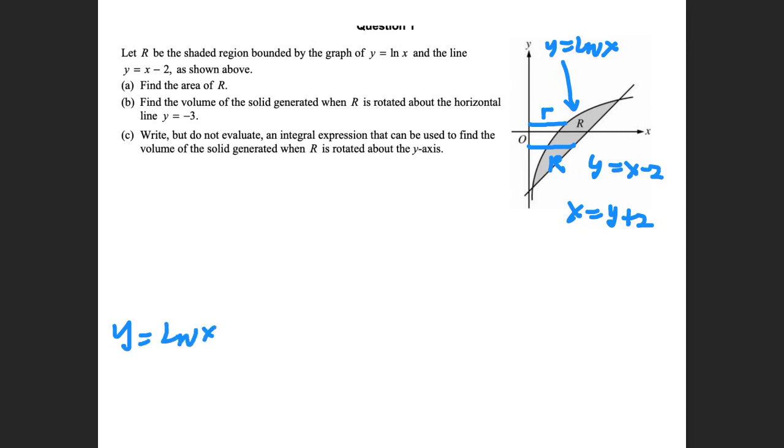Well, remember, natural log is log base e. So I would rewrite it as y is equal to log base e of x. And then I would rewrite this as e to the y is equal to x. So that is how I would rewrite it.